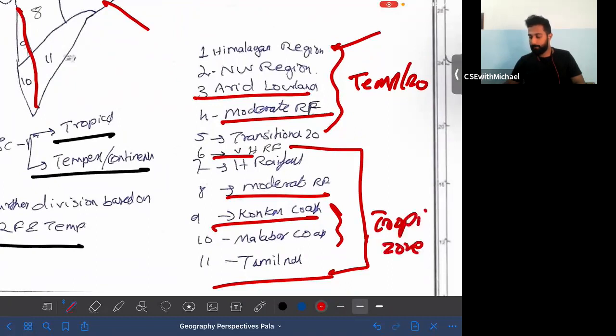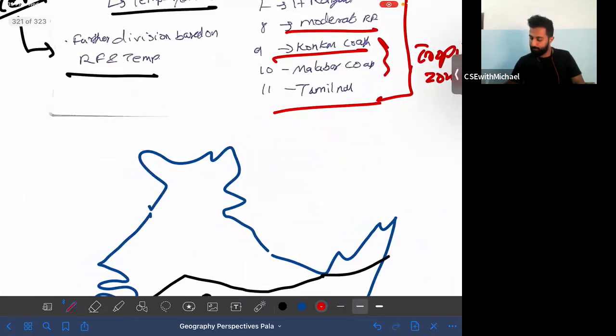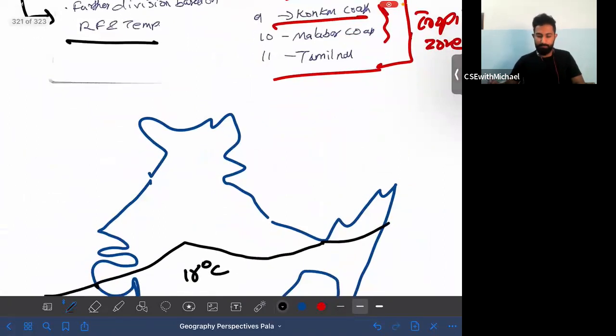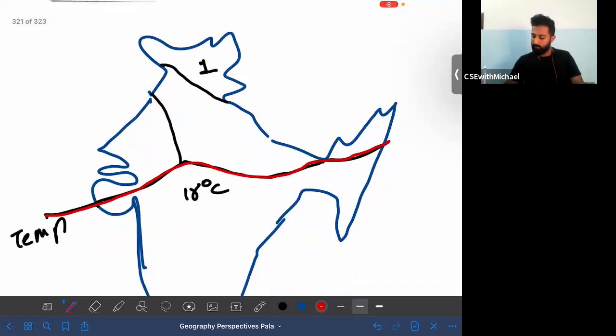So please draw that. We'll try to draw it here again, so you can draw alongside me. The first one would be like this. This is one, which is the Himalayan region. Then the second one would be connecting to the isotherm. Let's draw the isotherm in red color now.